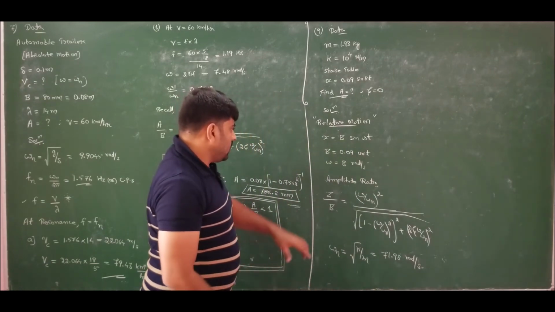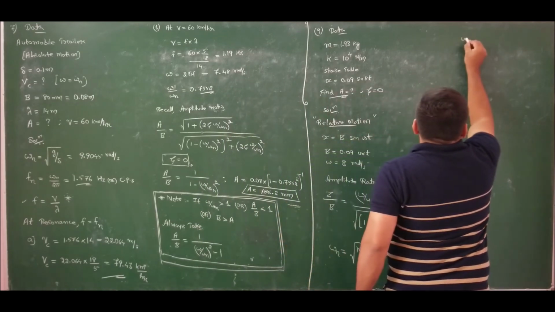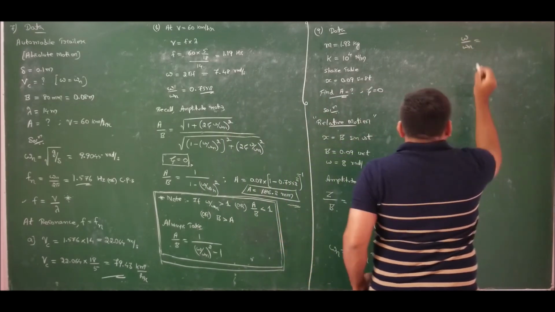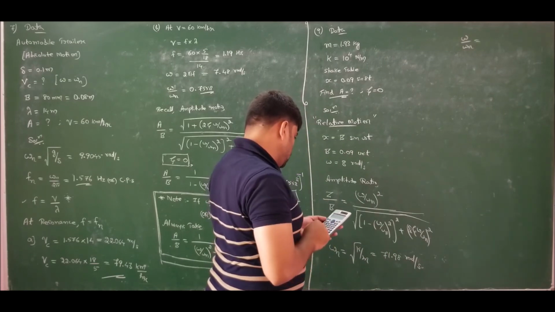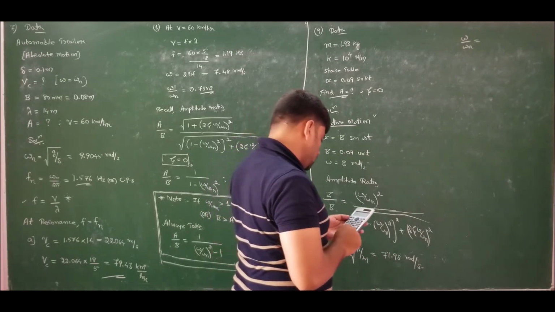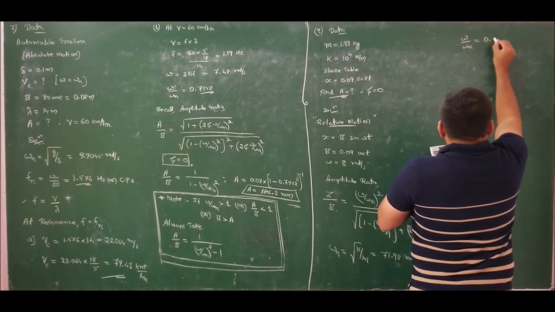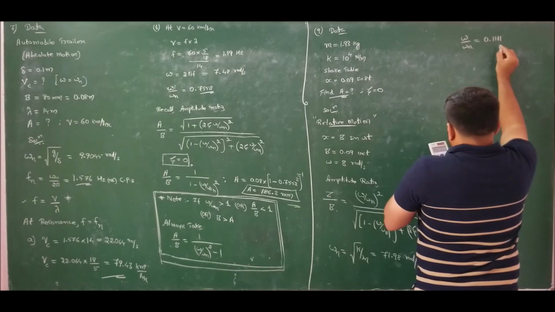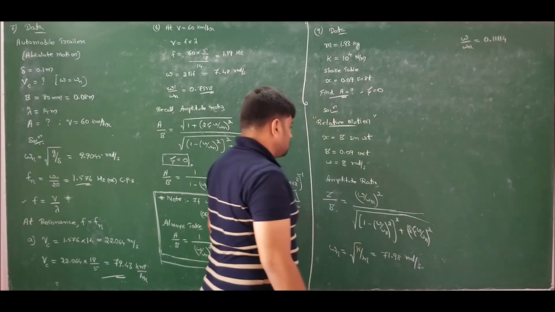So omega by omega n is 8 by 71.98, which turns out to be 0.11114.